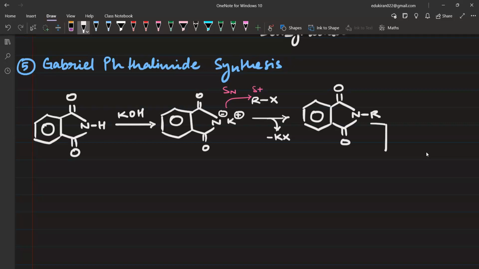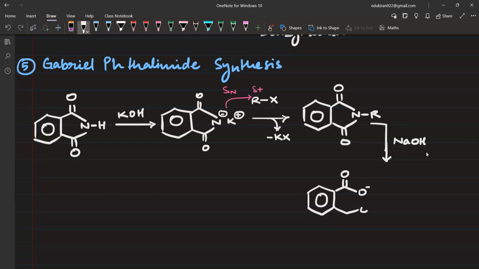Now, once you add aqueous NaOH to this, the OH negative attacks here and here, and it is going to give you benzene ring, COO. OH attacks as OH negative, but the hydrogen is abstracted because of the base, and you get O negative.